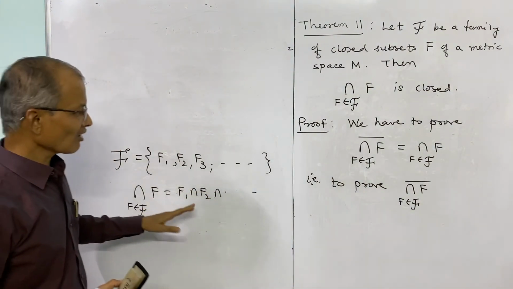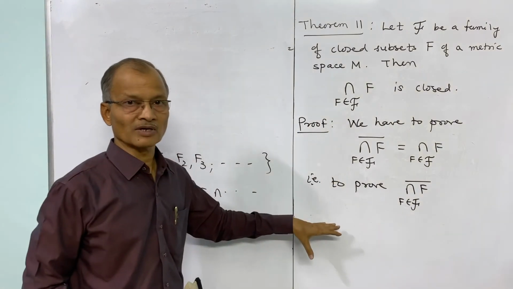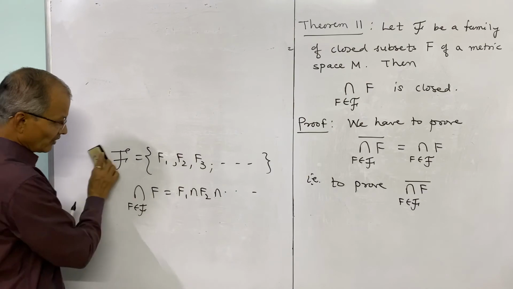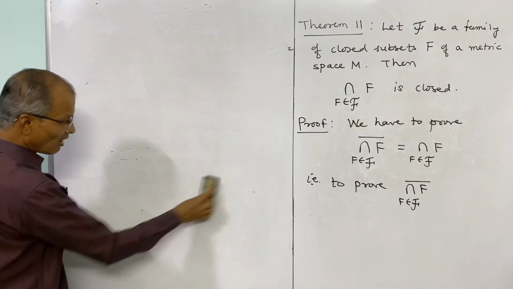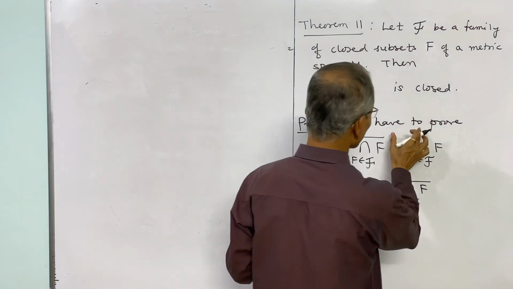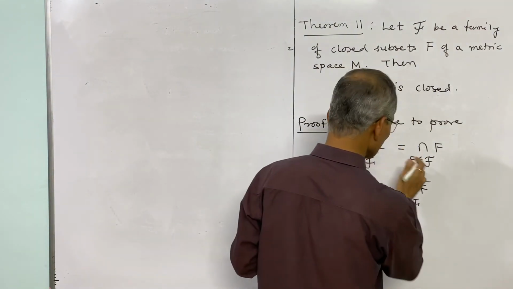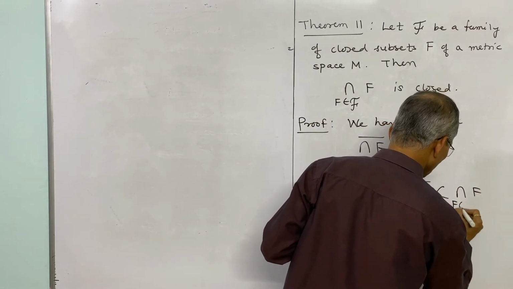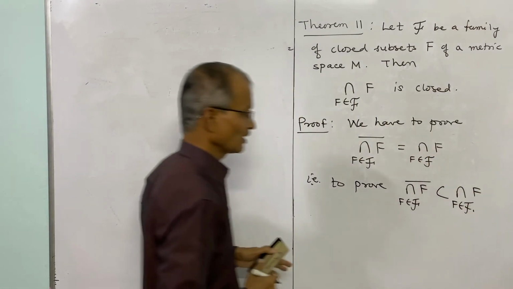We are not writing 1 to infinity because that would become countable. Here it is arbitrary, which means it may not be countable. So this is the meaning of the intersection of all sets in the family being closed, and we have to prove that the closure is a subset of the intersection of F belongs to script F.